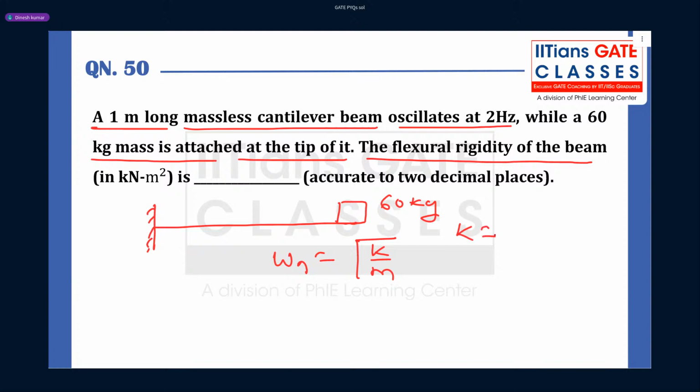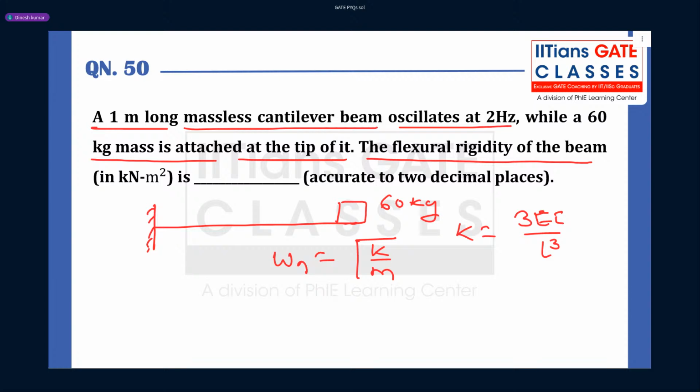It is 3EI by L cube. You guys can refer to the formula sheets. There we have given different cases of beams when those are idealized as point masses.